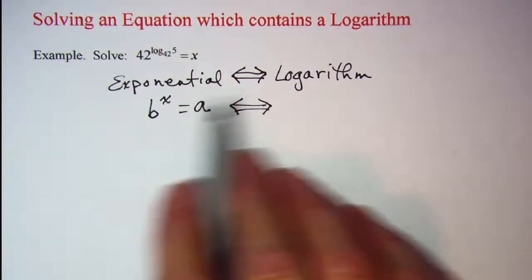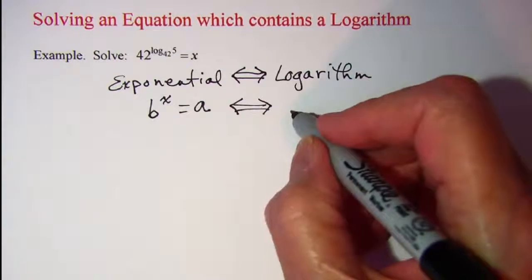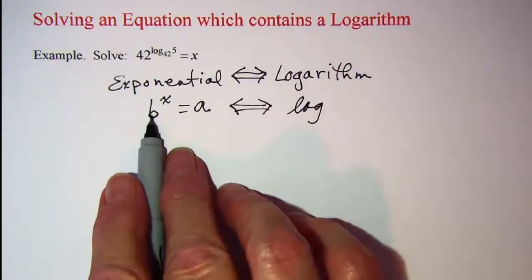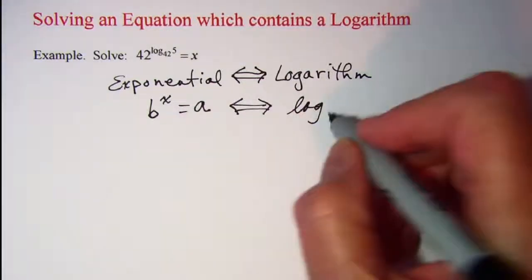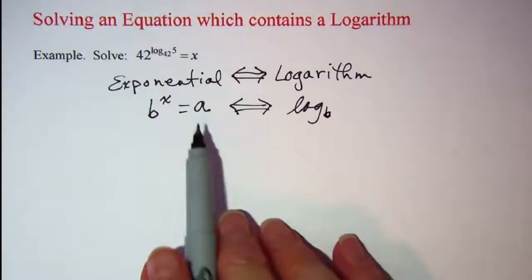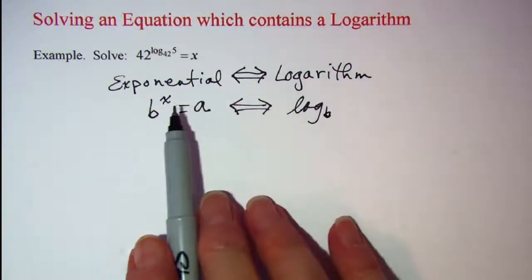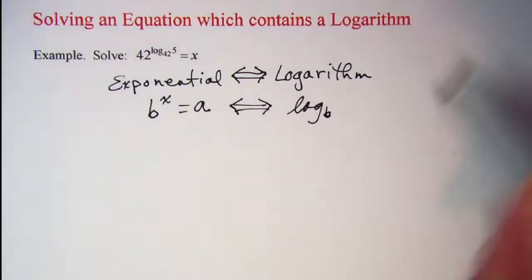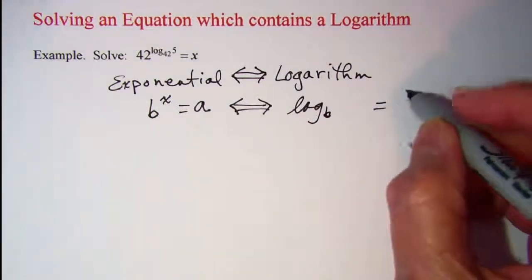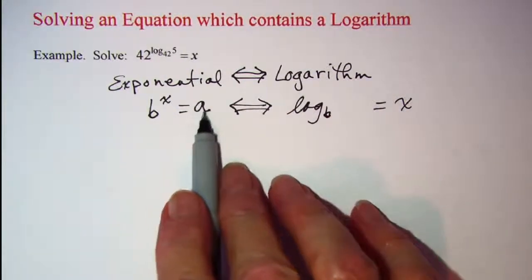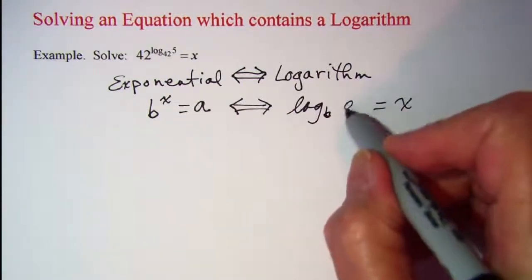You can change this to a logarithm by using the log with a base of b. Since my exponential has a base of b, my logarithm also has a base of b. And we know that a logarithm is an exponent. So this exponent right here is what my logarithm is equal to. And this is my argument of my logarithm.